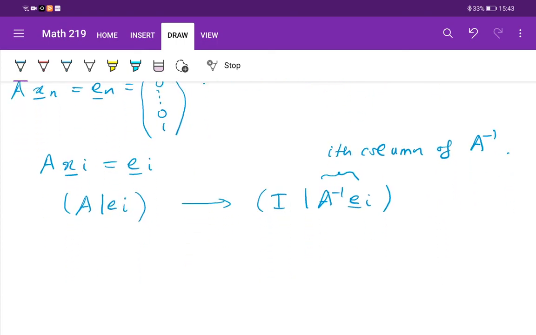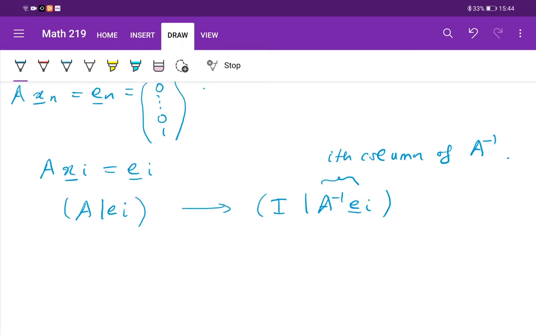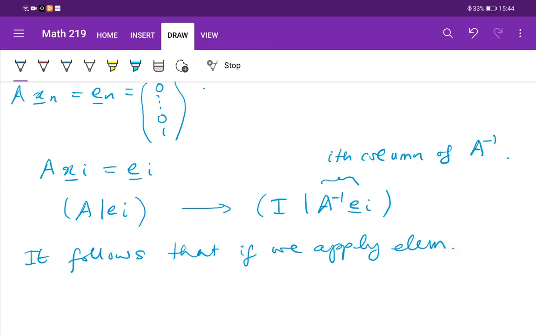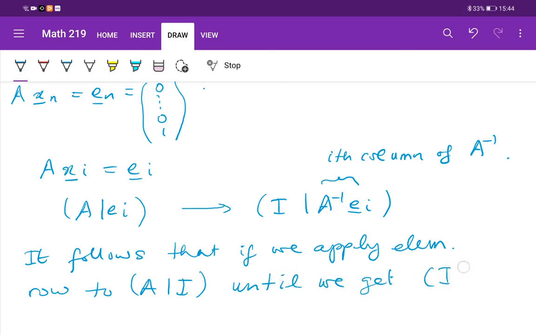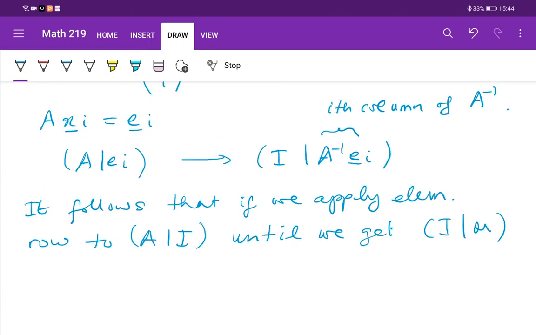If we put all these together, it follows that if we apply elementary row operations to [A | I] until we get the identity on the left hand side, which we know we can always do, and we get some M on the right hand side, then each column of M must be the corresponding column of A inverse.